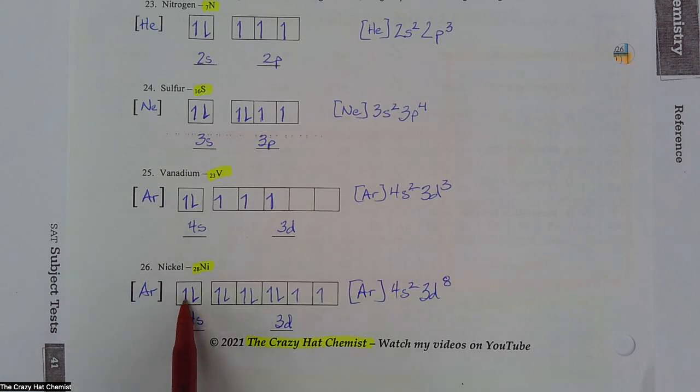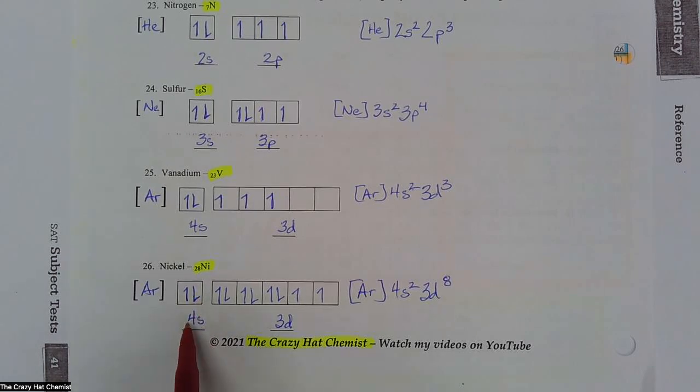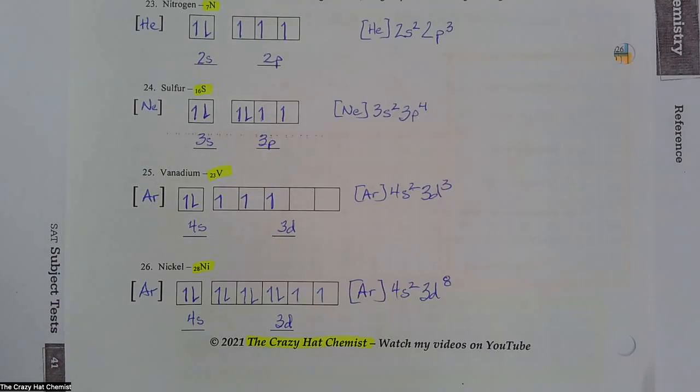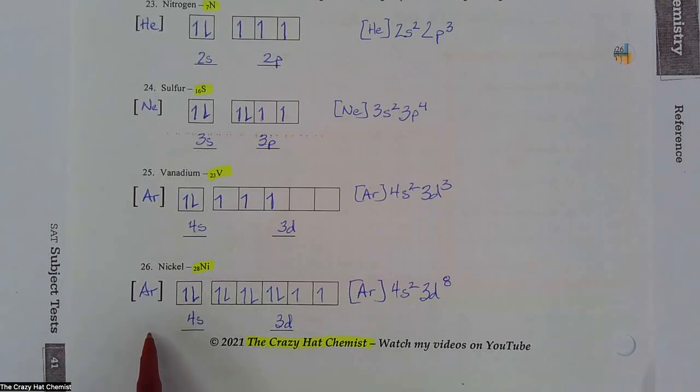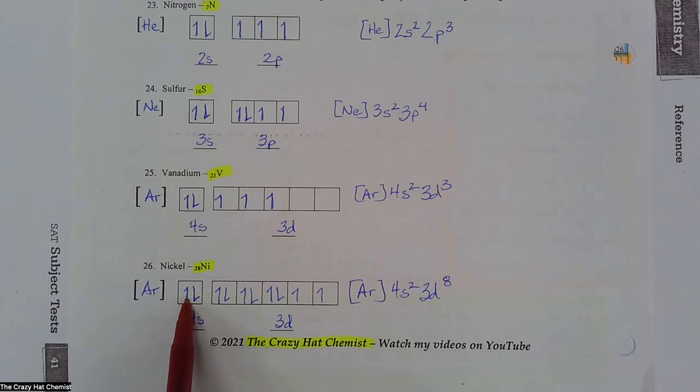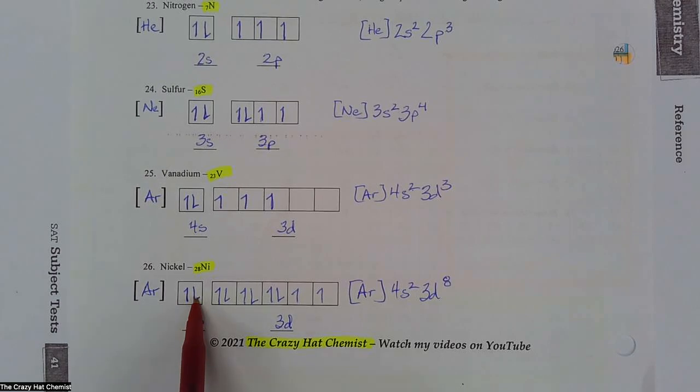So, for example, both of these electrons have an n of 4. Both of these electrons have an l of 0. Both of these electrons have an m sub l of 0. Where they differ is their m sub s value, and this satisfies the Pauli exclusion principle, meaning the m sub s of this electron is a plus 1/2, the m sub s of this electron is a minus 1/2. Okay, making sure you understand that.